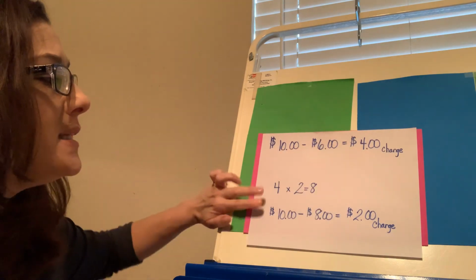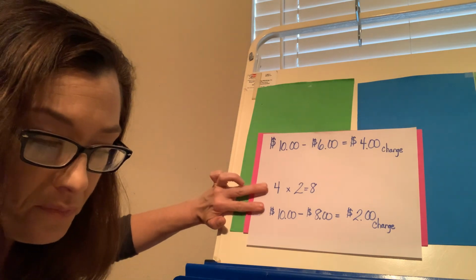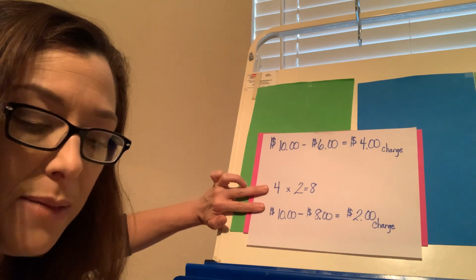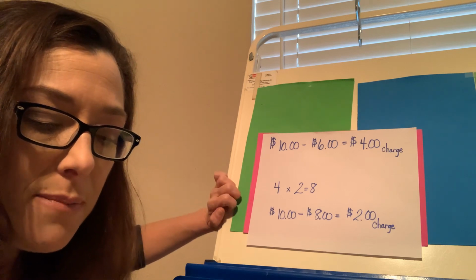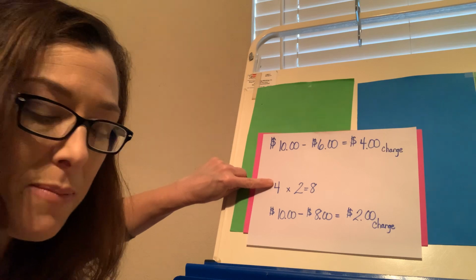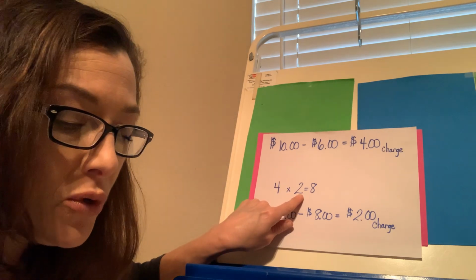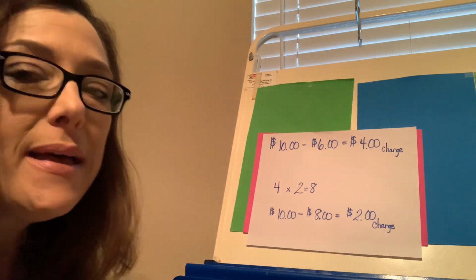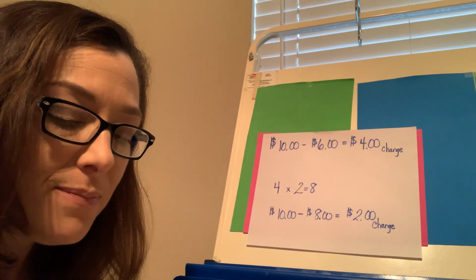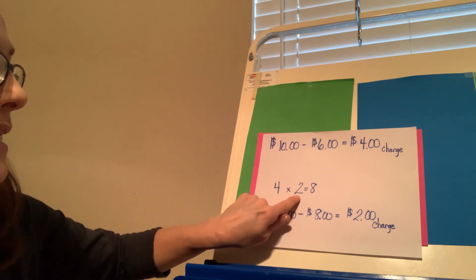Let's practice another one. This time it's a two-step problem. All right, Emily bought 4 elk magnets for her friends. So we see the number 4 for the 4 magnets. Each magnet cost $2. How much money does she need? So we know there were 4 magnets at $2 each.